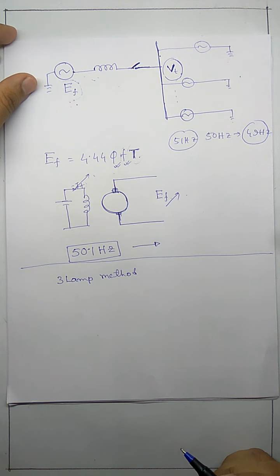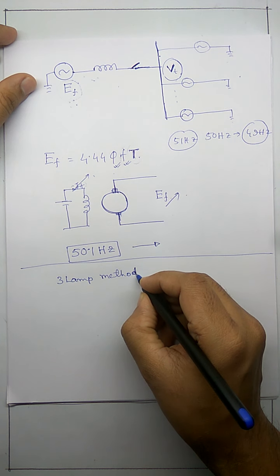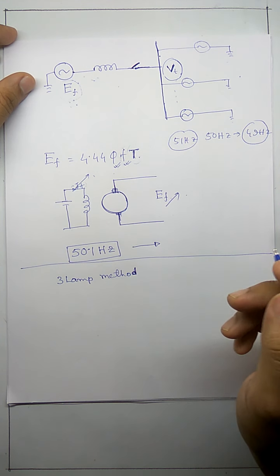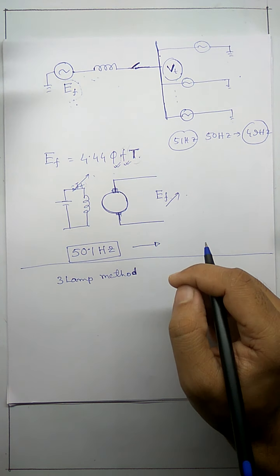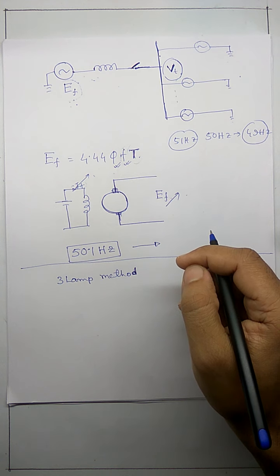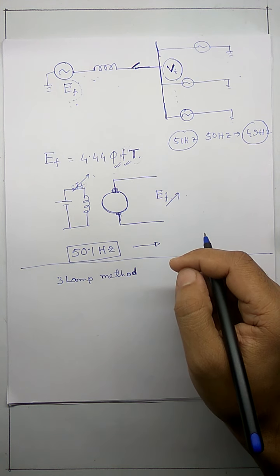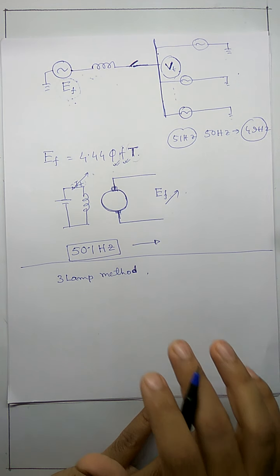That's why we will discuss this. If you ever go to any substation, you will find that they use a synchroscope. But what we will learn is the concept of the three-lamp method, because it gives a better understanding of what is happening. So we will conclude this lecture here.